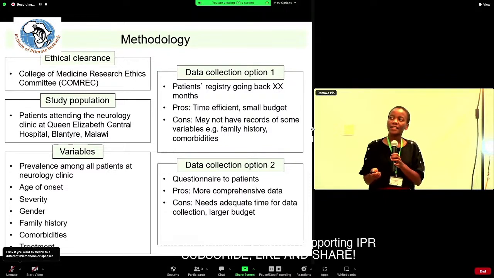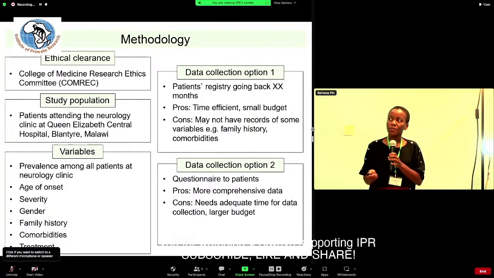The study population will be the patients attending the neurology clinic at that hospital. For starters, we want to look at the prevalence of Parkinson's disease among all the patients presenting at the clinic, look at the onset, the degrees of severity, if there are any gender differences, some family history, comorbidities, and treatment.